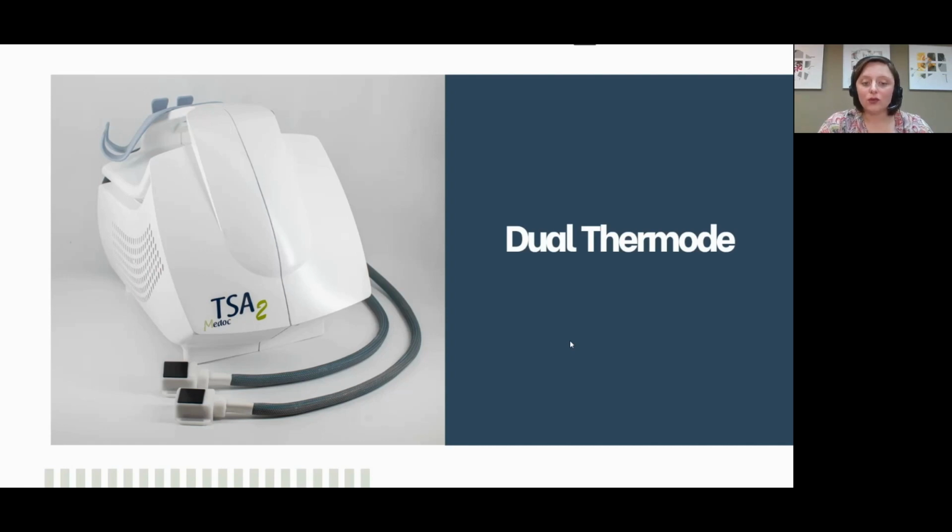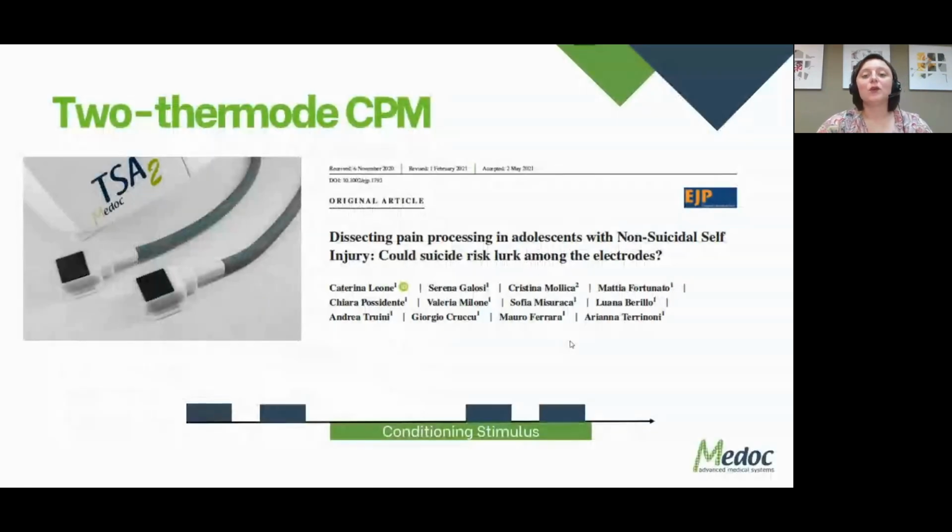And you can also, and this is the main reason our customers asked us for dual thermode mode, use it for what is called the conditioned pain modulation test, which allows you to assess the inhibitory pathways, the phenomenon of pain inhibits pain.